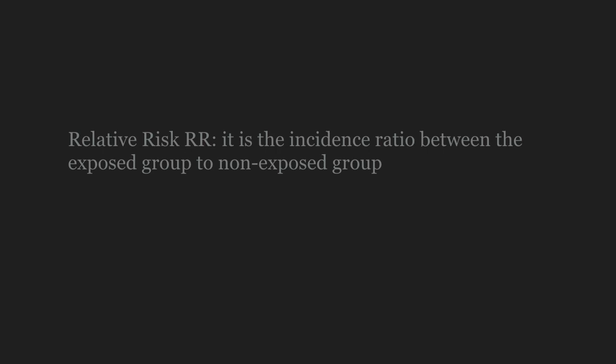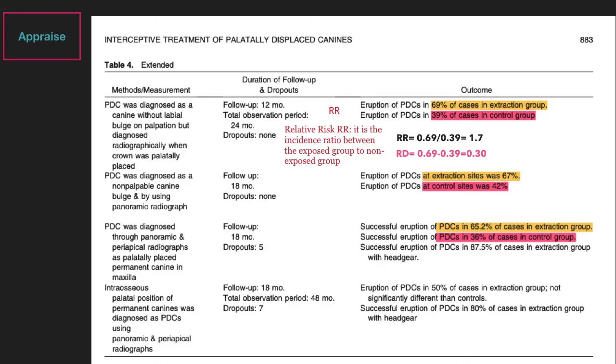Relative risk is the incidence ratio between the exposed group and the non-exposed group. Here the exposed group is the extraction group and the non-exposed group is the control group. The risk ratio here is 1.7, which means the canine will emerge 1.7 times more in the extraction group than in the control group. This is the simple interpretation.